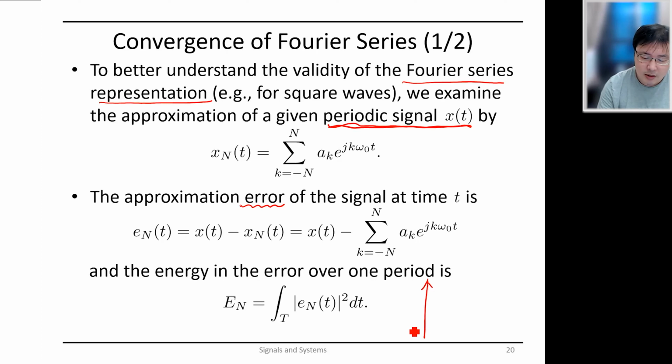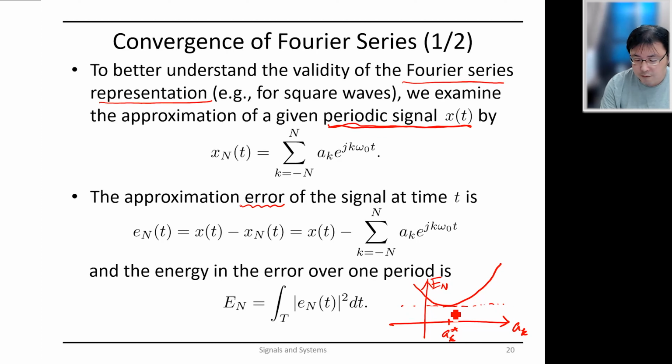So suppose that this is E capital N and this is AK, right? So this would be a quadratic function that looks something like this. So if you want to find AK that minimizes En, what you do is that you take the value of AK, let's call it AK star, such that at this point the derivative of En with respect to AK is equal to 0.